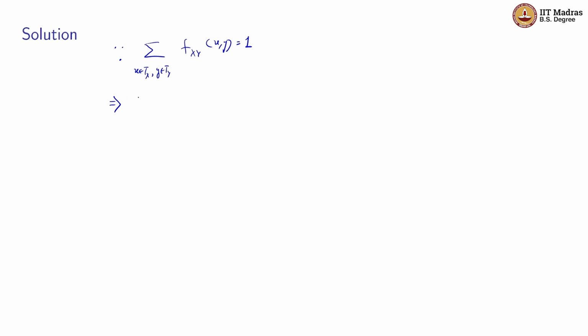So 1 by 4 plus 1 by 8 plus 1 by 4 plus k plus 0 plus 1 by 8 is equal to 1. On further simplification, k is equal to 1 minus 3 by 4, which is 1 by 4.